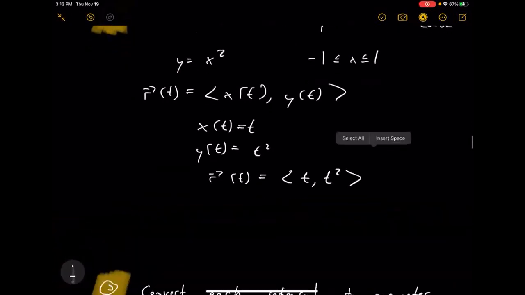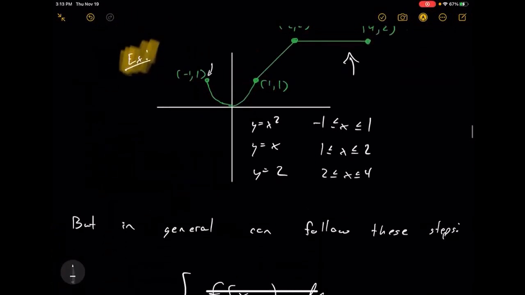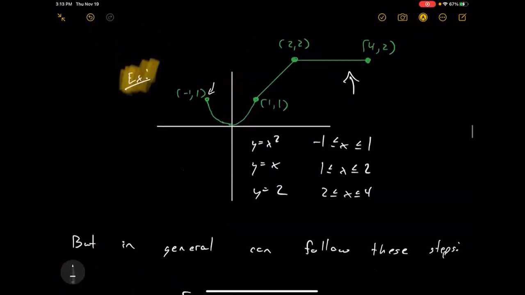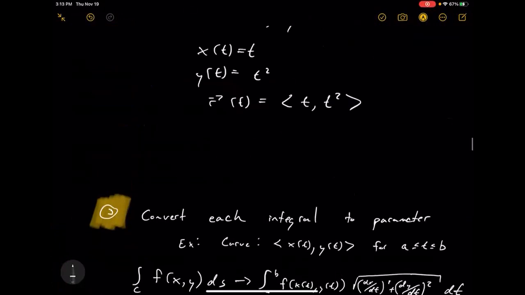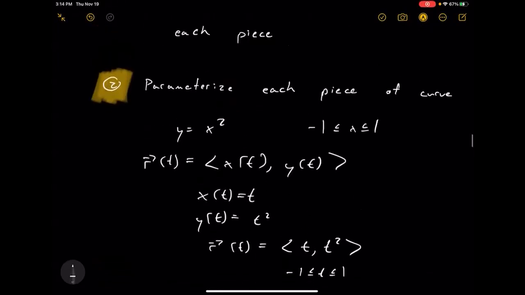What are my t values? What are my starting points and ending points here? I want to find the value of t that I plug into my parameterization to get my starting point. Let's say this is my starting point. And then what's the value of t that gives me that ending point? Well, these are my starting points and ending points for that particular curve. Okay, and then I repeat the process.